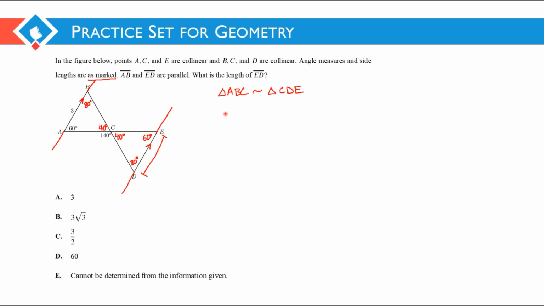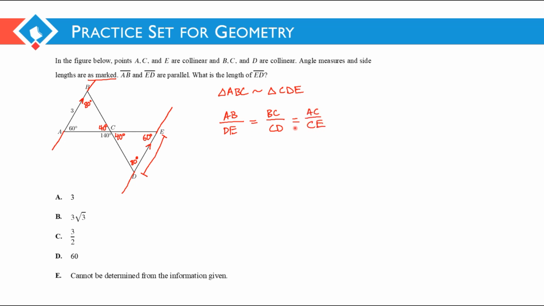So we know that AB over its corresponding side, which is DE, must be equal to BC over CD, and this must be proportional to AC over CE.